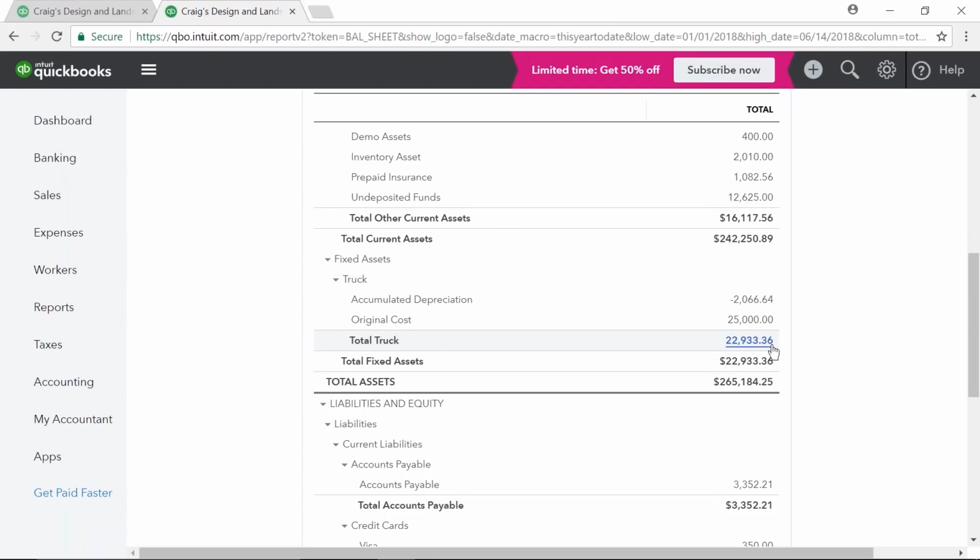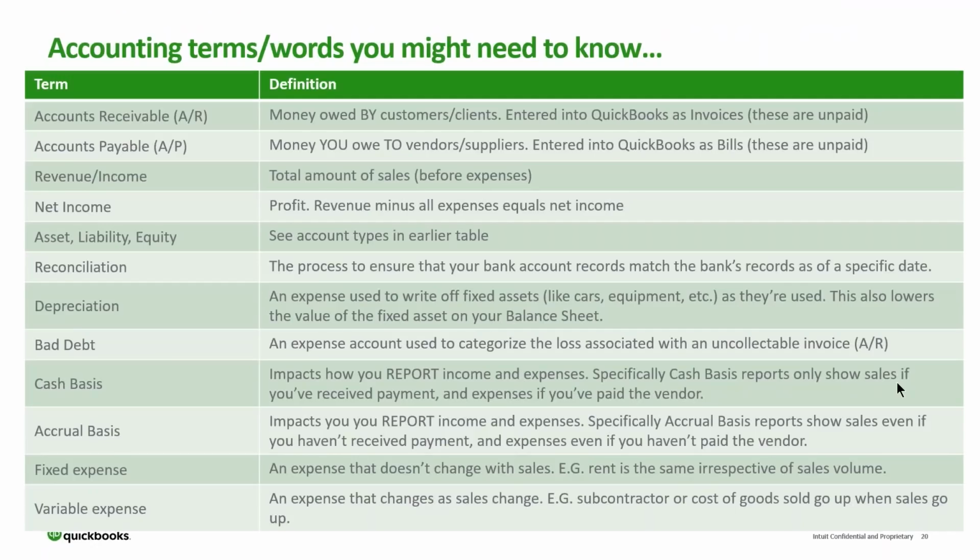Now, I also want to look up a couple of accounting terms, because, you know, we've talked a little bit about accounting terms here and there and what they mean. But I'm going to bring up a little slide here that I have in the handout just to go over a couple of them. Some we've talked about already, like accounts receivable. That's the amount of money that's owed to you by your customers.